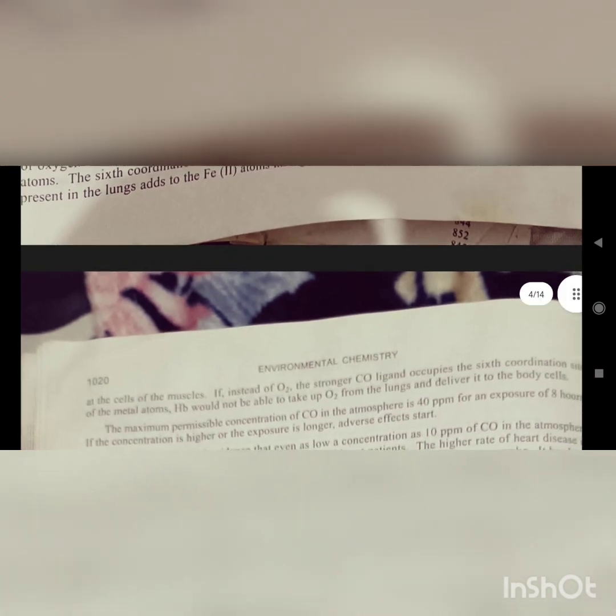If instead of O2, the stronger CO ligand occupies the 6th coordination site of the metal, Hb would not be able to take up O2 from the lungs and deliver it to the body cells.